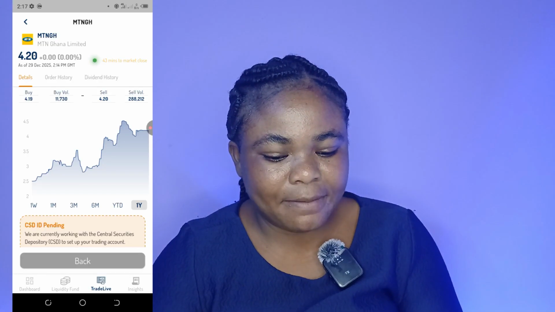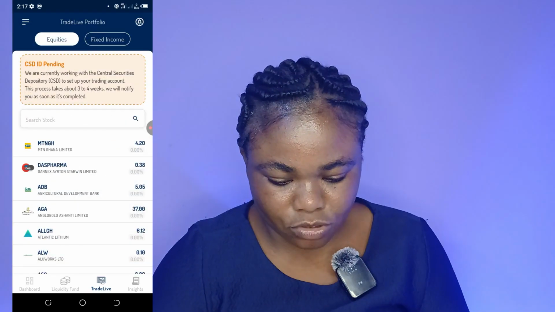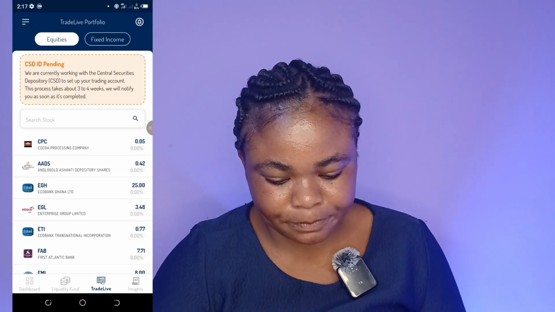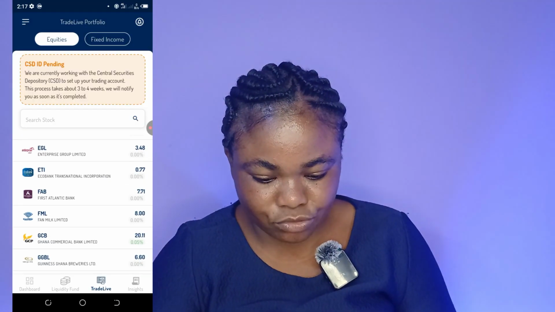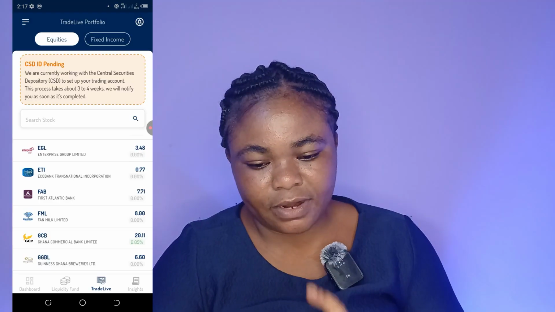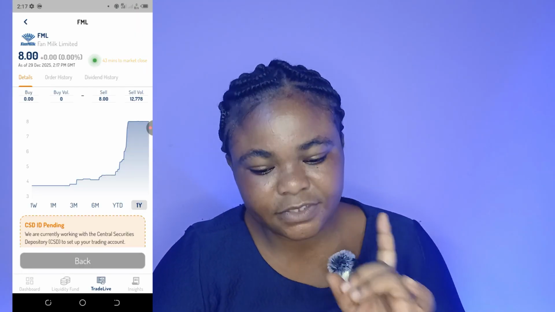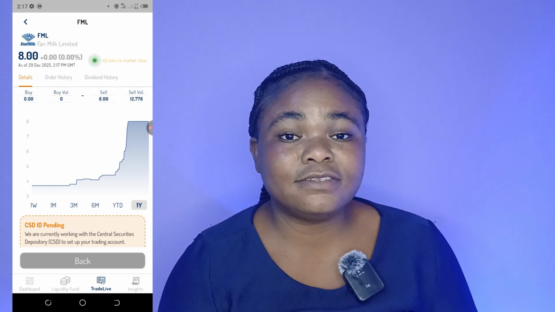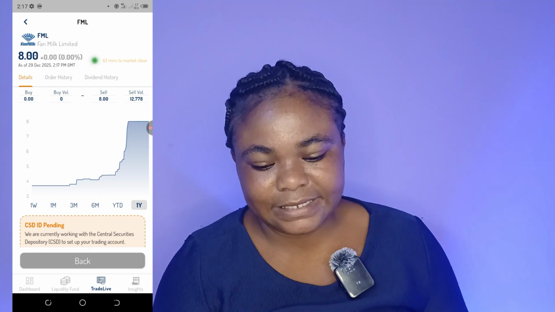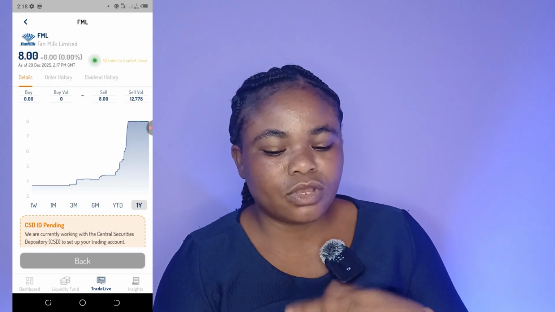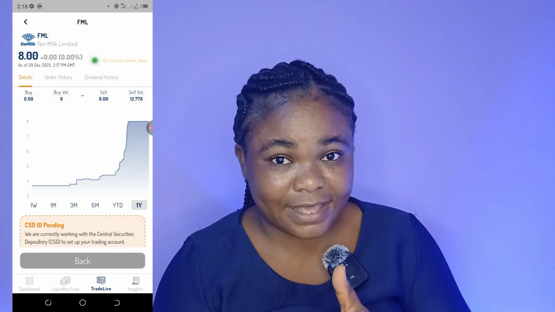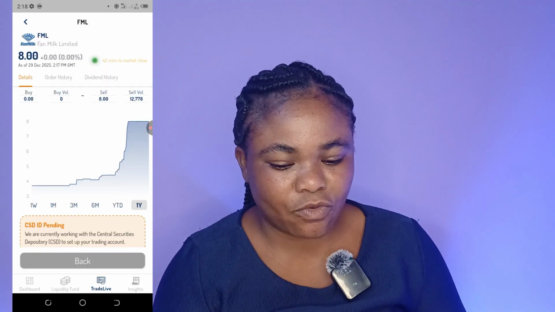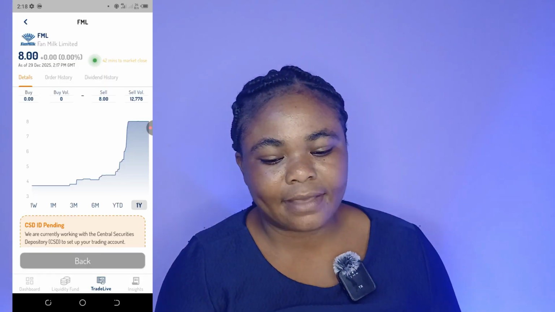Let me take you to a different stock also. Let me take you to farmer. When you click on farmer here, you see that the price of farmer stock is 8 cedis. You see the sell price is 8 Ghana cedis and the buy price is 0.00. Someone will ask why.